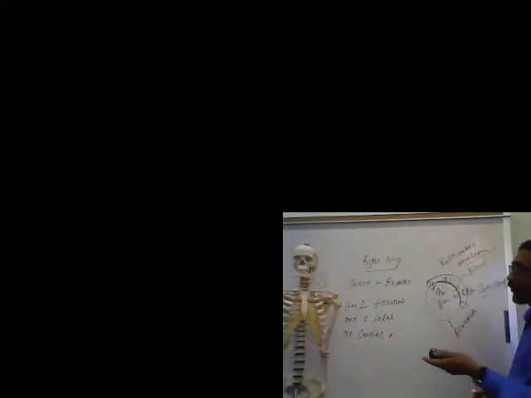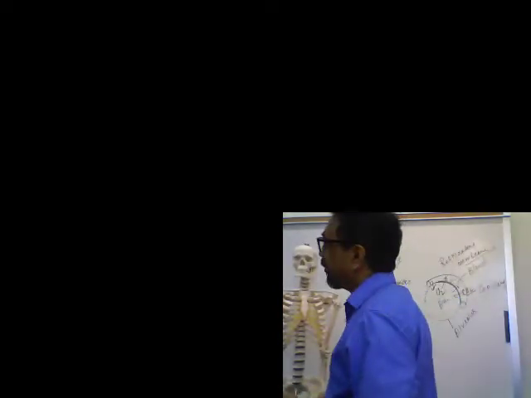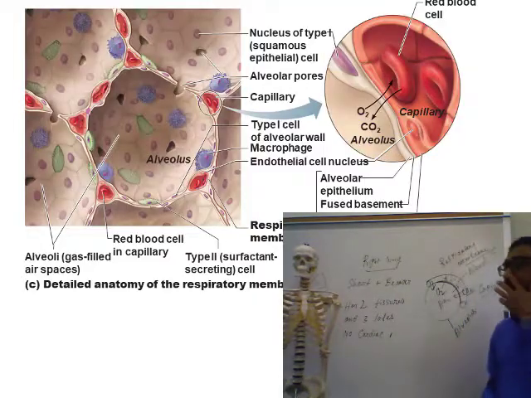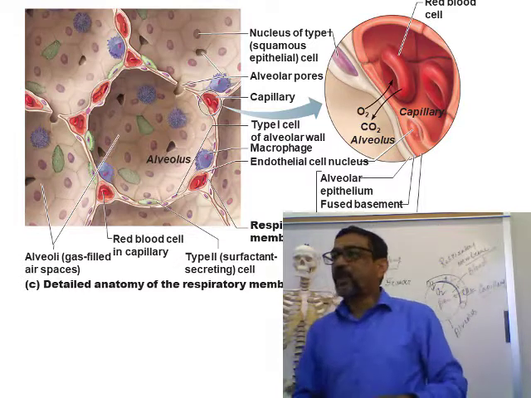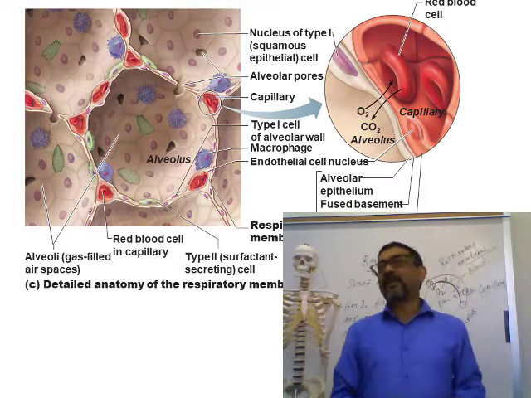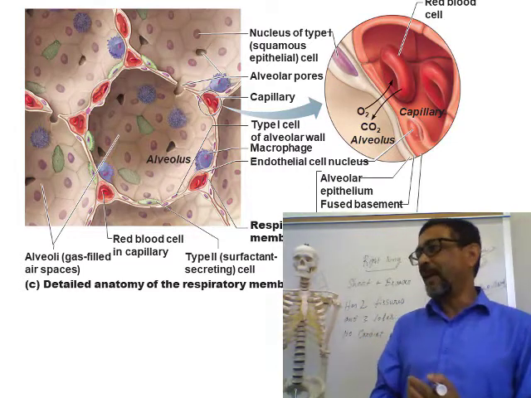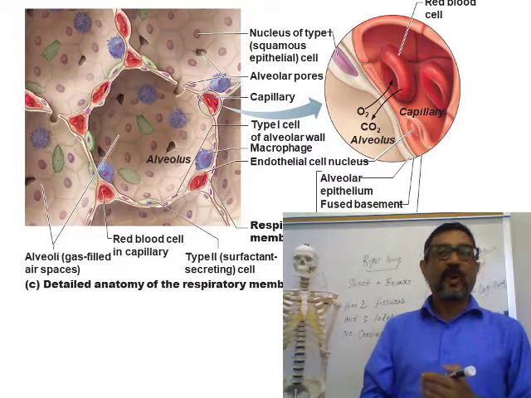Now, in the wall of the alveolus, you have three types of cells. Most of the cells are simple squamous. So that's the most common type of cells that form the alveolar wall. Simple squamous.